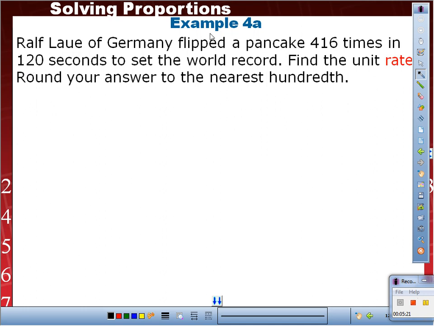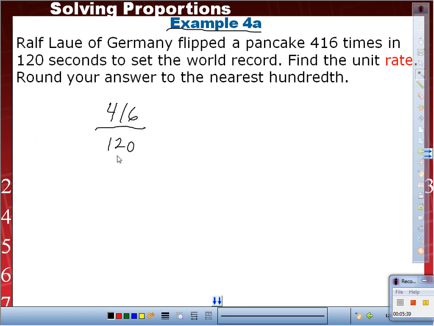So let's write this one down. Write example 4A. You don't have to copy the word problem, but I do want you to set up your rate. What is the rate? 416 over what? 120. So this is how much he flipped, and this is in seconds.